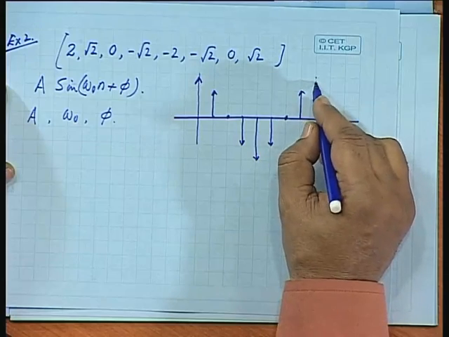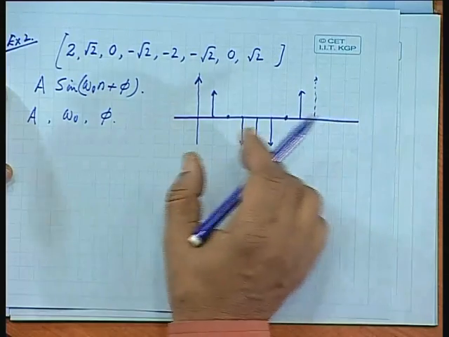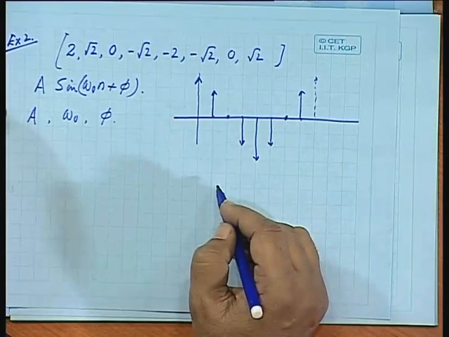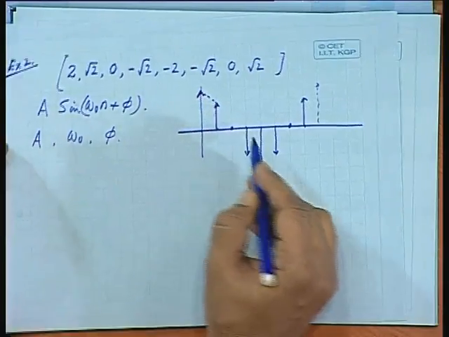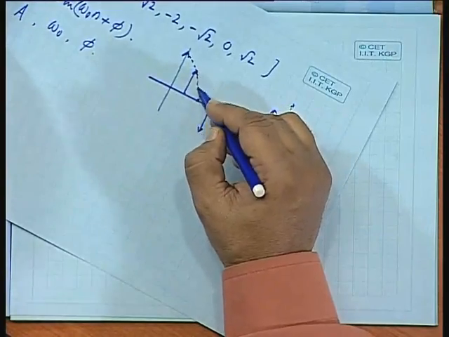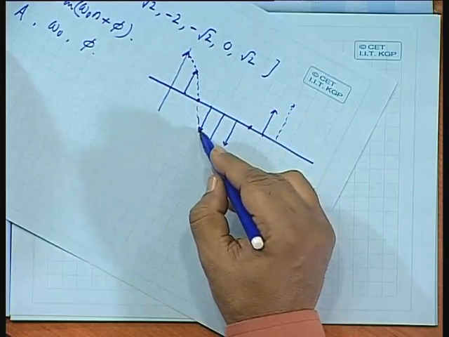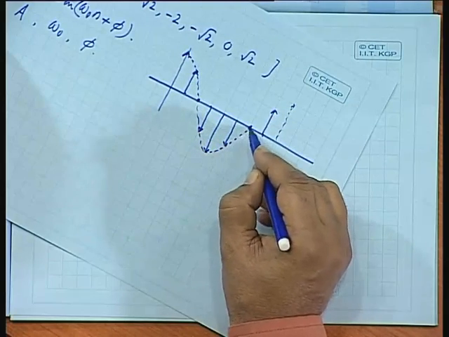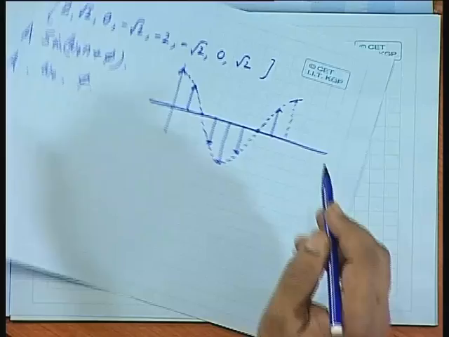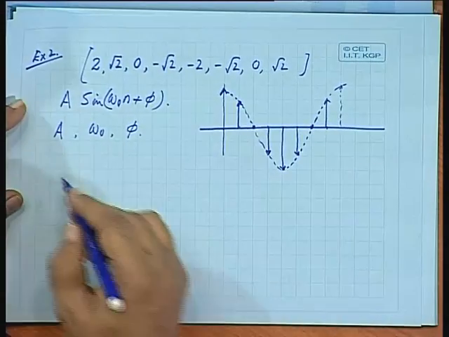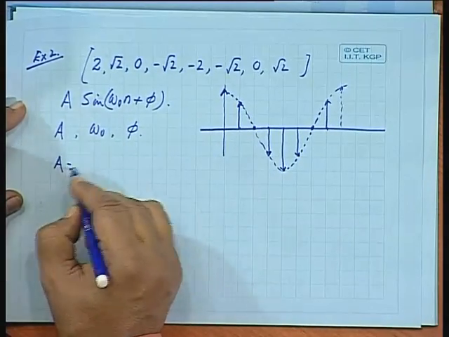Next it repeats again at this point. So, this is the period. Okay. You sketch it in the form of a sinusoidal function. Now, can you tell me what will be A from here?